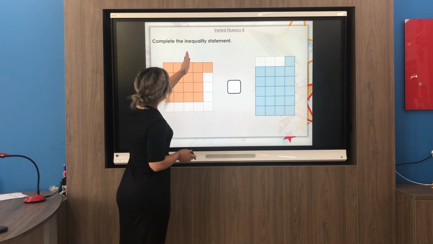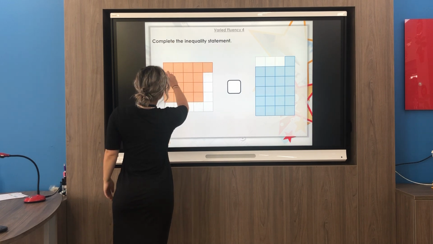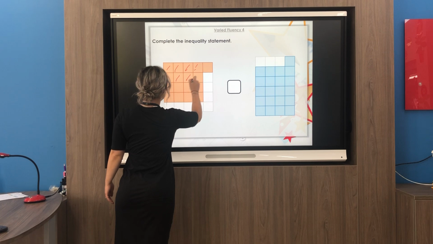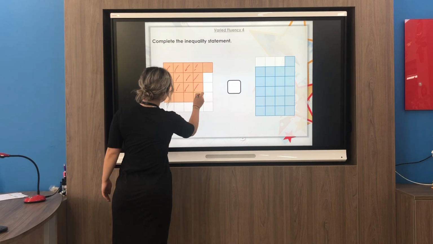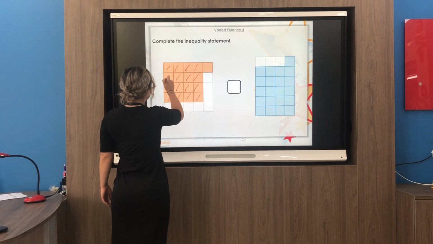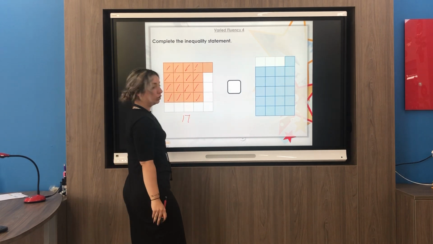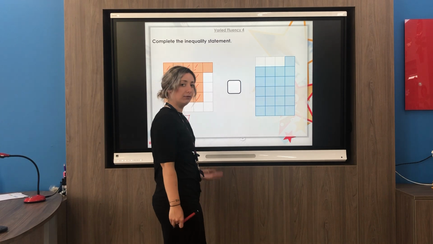So I'm going to do 1, 2, 3, 4, 5, 6, 7, 8, 9, 10, 11, 12, 13, 14, 15, 16, 17. Make a note on your work packs because that will help you remember.